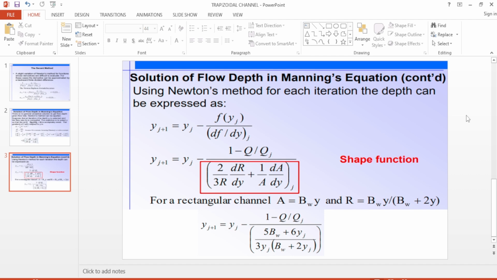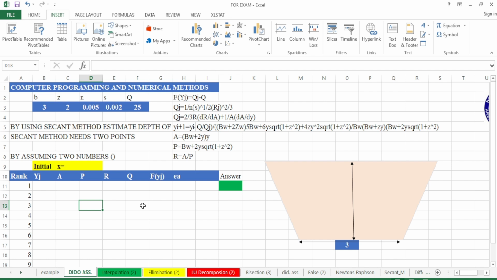Now, I'm going to show you the method of estimating the depth of a trapezoidal channel in Excel. All information is given for the trapezoidal channel. As you see, the base width of the trapezoidal channel is given, it is 3, and the side slope, roughness coefficient, the slope, and discharge are given.